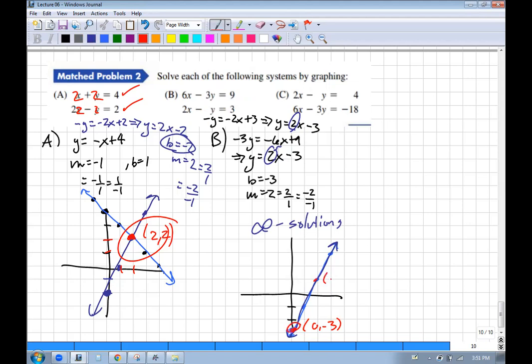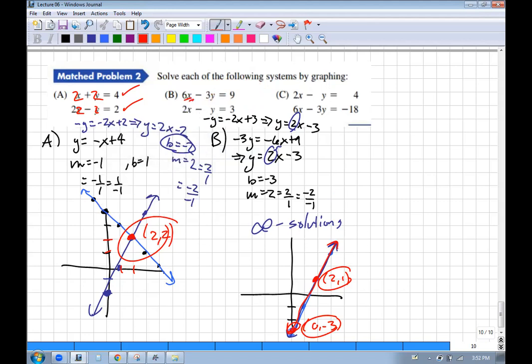What's this point? (2, 1). Try that. If I replace the x with a 2 and the y with 1, this is 12 minus 3. That's 9. In the other equation, 4 minus 1 is 3. So this point also works. Again, every single point on this line is going to work. There's an infinite number of solutions because these are just the same equation.